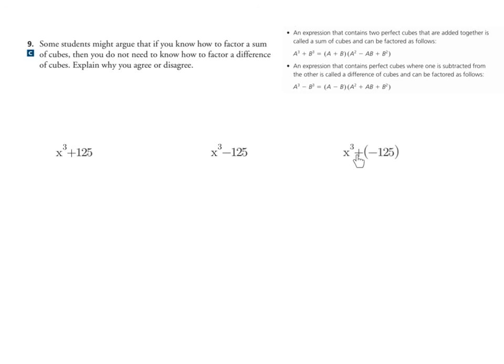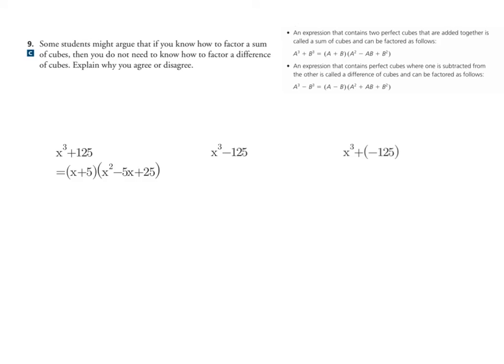And so I could just do it as a sum of cubes where the cube root of this one is x and the cube root of this one is just negative 5. Right, so the sum of cubes here is x plus the third root of this, which is 5, times x squared minus x times the third root of this, which is 5, plus 5 squared, which is 25.